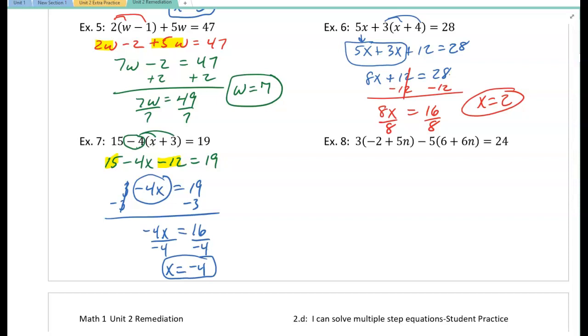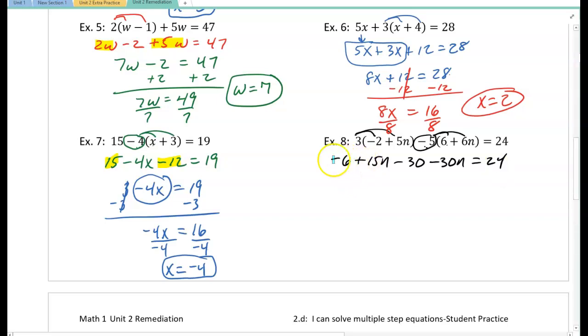The last example here. I have two sets of parentheses here, and I have to distribute twice. The first one, 3 times negative 2 is negative 6. 3 times 5n is plus 15n. When I distribute this, negative 5 times 6 is minus 30. Negative 5 times 6n is minus 30n equals 24. I look, do I have like terms on the left side I can combine? Well, negative 6 and negative 30 can be combined. 15n and negative 30n can be combined.